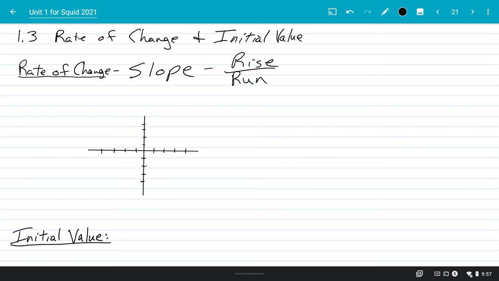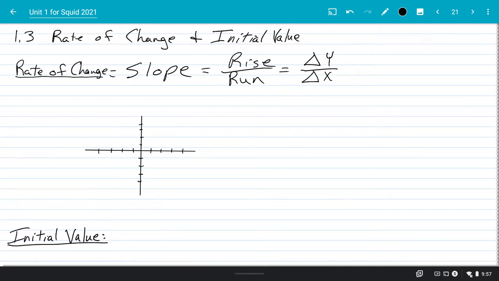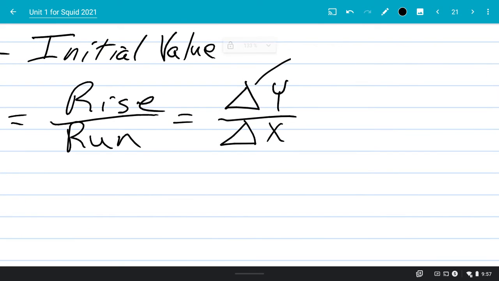It is also known as the change in y over the change in x. Now I said change and I wrote a little triangle. Those of you may not know, the triangle is a Greek symbol called delta, and it means change.